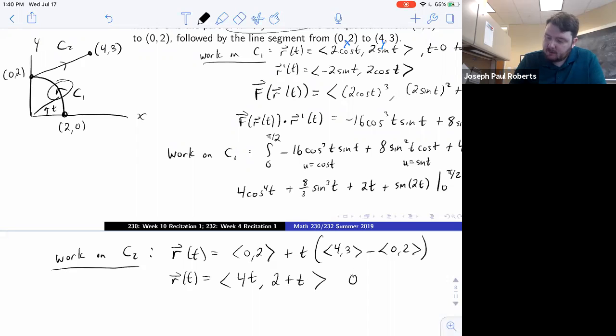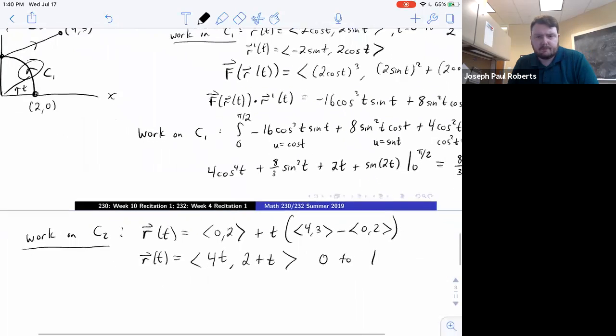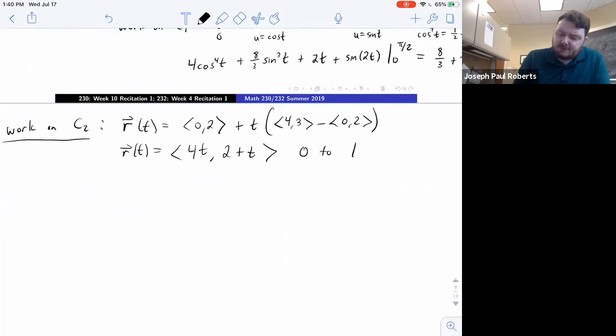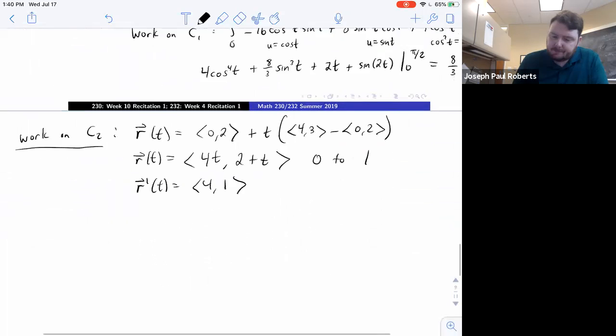And again, if you do it in that exact framework, start plus t times end minus start, it'll always be 0 to 1 for your t bounds. And then from this stage, you do the same kind of thing. R prime of t is (4, 1).